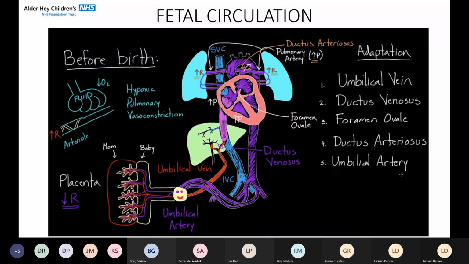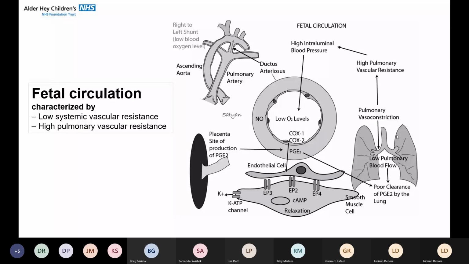So that is an overall view of the fetal circulation. Remember that all of these changes also occur due to multiple biochemical processes or changes that mature and develop along with gestational age. We know that circulating catecholamines, multiple hormones, and locally released vasoactive substances all play an important role.